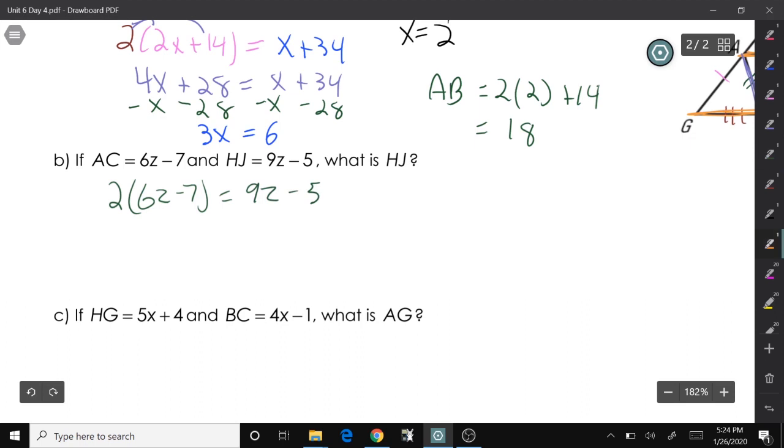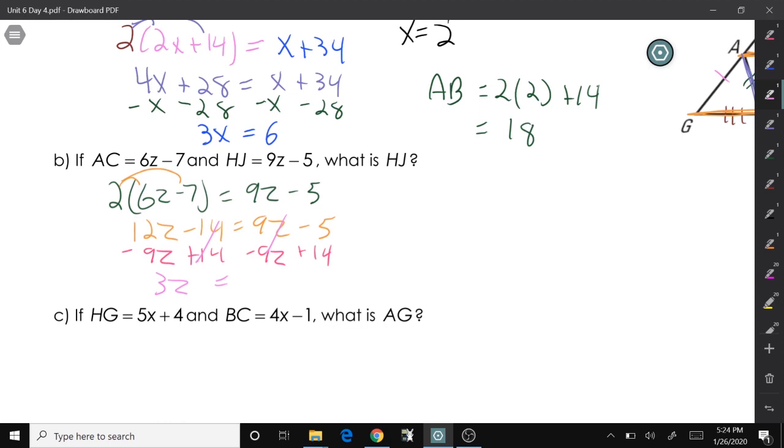We're going to distribute the 2. 12z minus 14 equals 9z minus 5. We're going to add 14 to both sides and subtract 9z from both sides. We get 3z equals negative 5 plus 14 is 9.